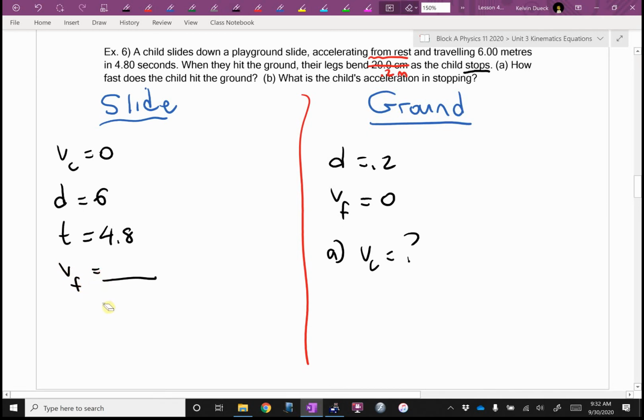Isn't how fast we hit the ground the same as our initial velocity once we start coming to a stop? In other words, isn't this number, when I calculate it, actually that number?